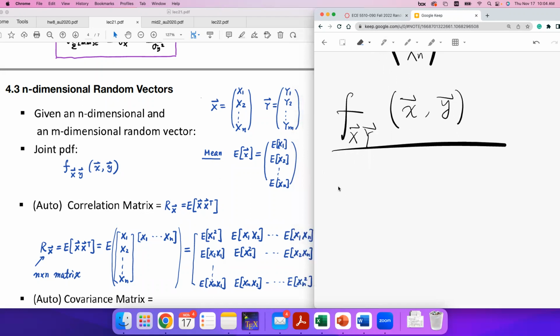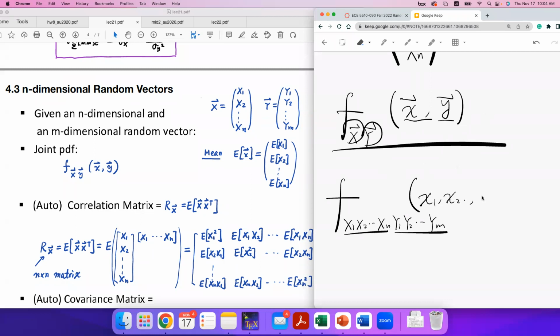Well, it basically means the joint PDF among all the random variables involved in x and y, because x1, x2, xn, y1, y2, ym are the random variables involved in these random vectors. And the inside is the realizations of these random variables, so it's small x1, small x2, small xn.